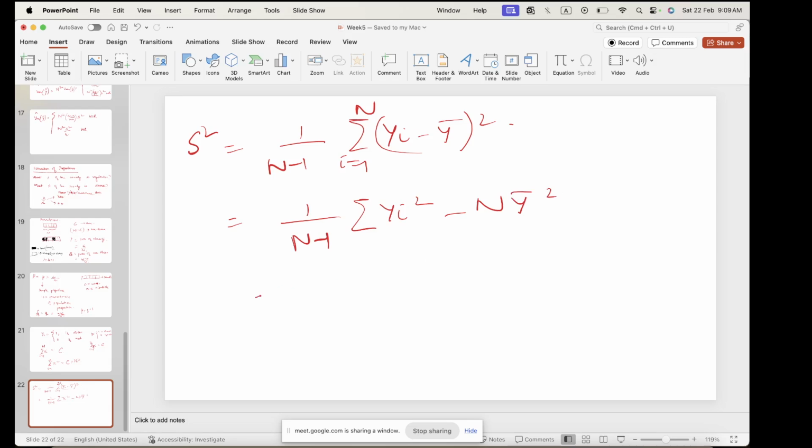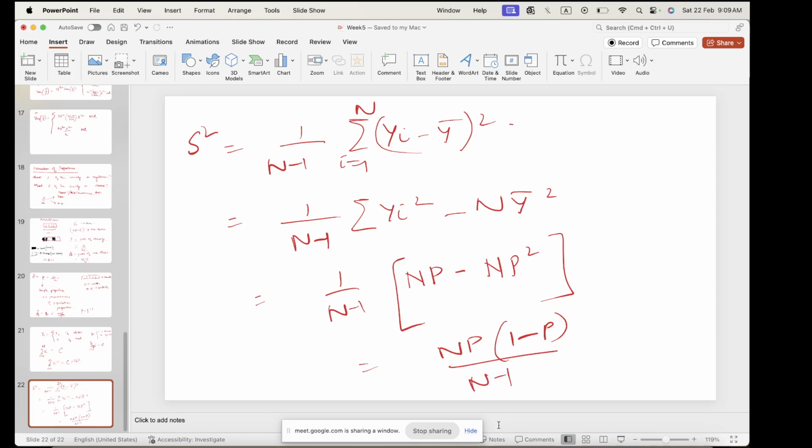Okay, so this I actually can write as n into p minus n into p square. So then this becomes np into 1 minus p by n minus 1, or npq by n minus 1.